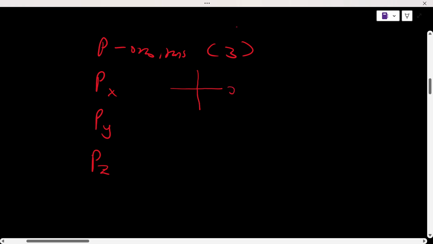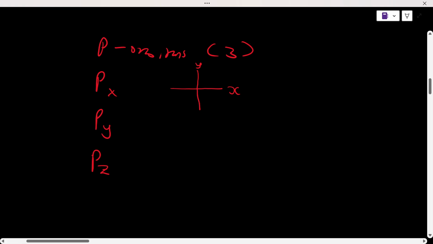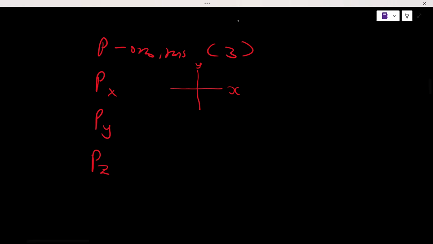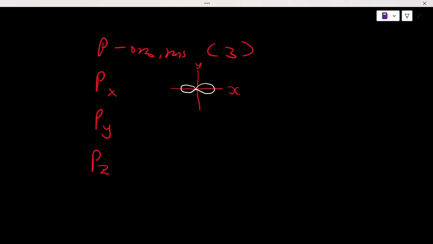I'm going to have x and y. So on the px, my dumbbell, because the p orbitals are dumbbell shape, is going to be oriented along the x-axis. Let me create enough space here so that we can do neat work.